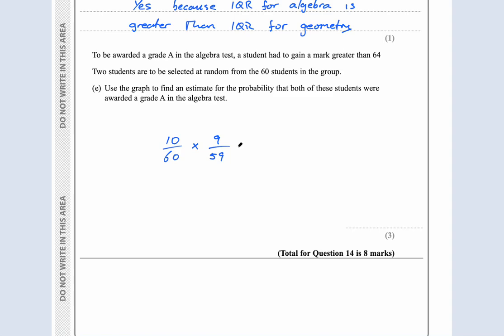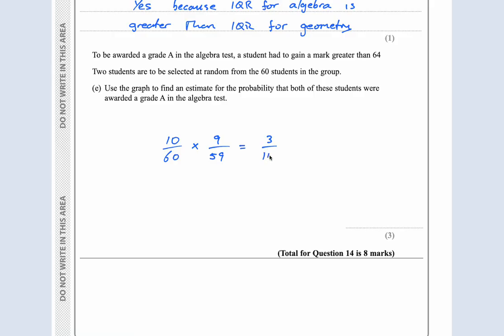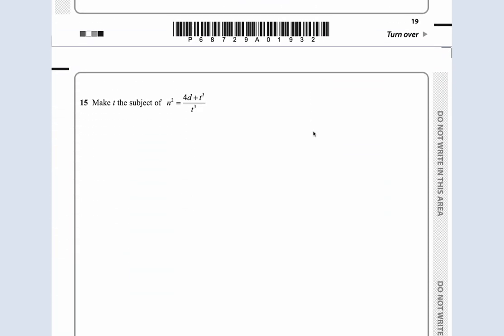So 10 out of 60 times 9 out of 59. 10 out of 60 is obviously 1 out of 6, but you can put 10 out of 60 times 9 out of 59, and that's 3 out of 118, which is correct. 3 out of 118, and that's the probability.